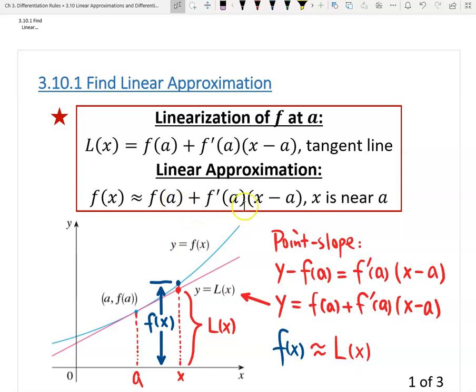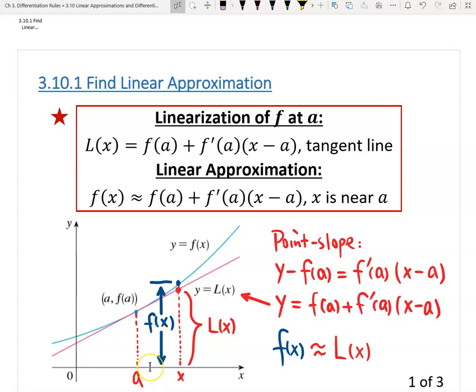We only need the basic information of the function at this point. How amazing. If we have the information of the function around this point, and then use that information and the linearization, we can approximate the value of the function just near a.